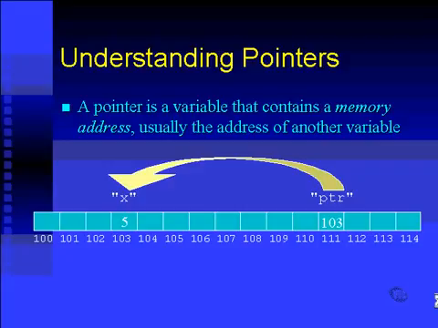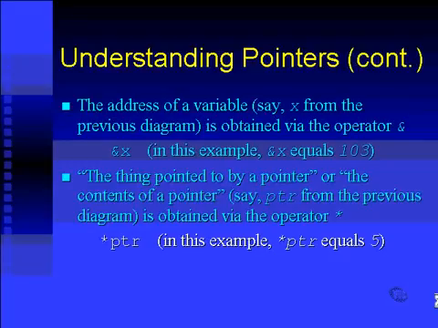In other words, you can get at the value of the thing that PTR points to, in other words 5 in this example, by using the asterisk. I'll show that to you again. Asterisk PTR equals 5. Don't worry, I'm going to consolidate this for you by showing you some proper code examples shortly.